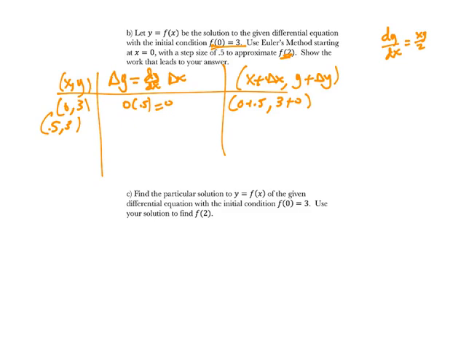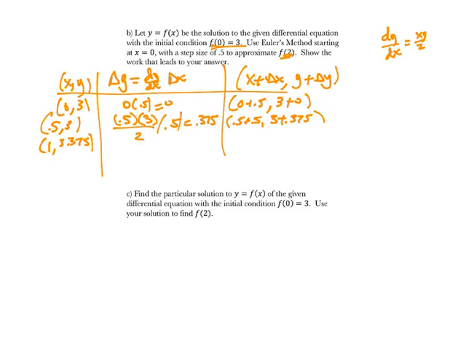When I find delta y this time, I have 0.5 times 3 over 2 times 0.5, which is my delta x, and that's 0.375. So we have 0.5 plus 0.5, 3 plus 0.375, so our new point is (1, 3.375).